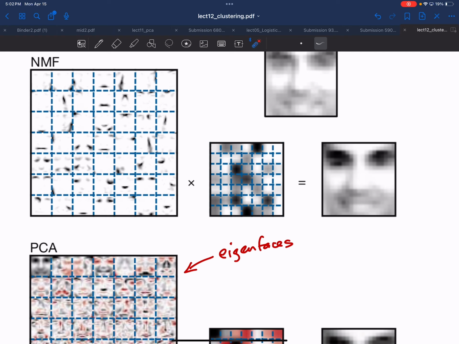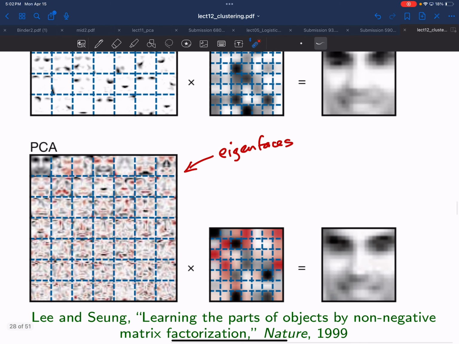If you look closely, you can see, oh, these are eyebrows. Or, I think here's the bottom of the nose. You can actually see all the different parts, and you can see how those parts are combined to make the whole. Whereas with PCA, it's just a lot more confusing.